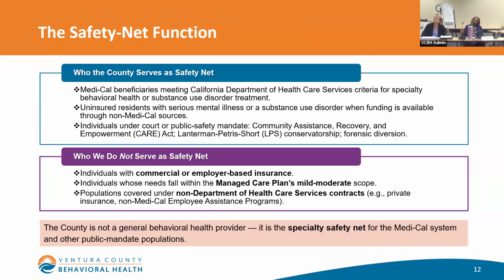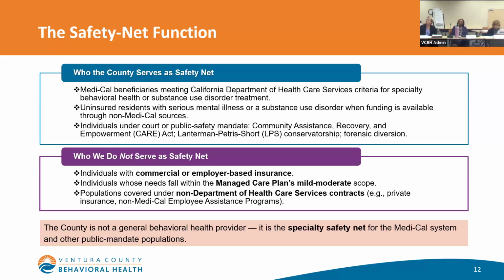Okay, here are our safety net functions. The terminology can be misleading, because even when it comes to the safety net, as you can see, who is the safety net really serving? It's our Medi-Cal beneficiaries, the uninsured residents, and hopefully we can assist them to obtain Medi-Cal if they're eligible.